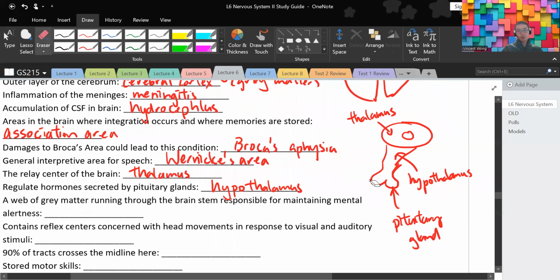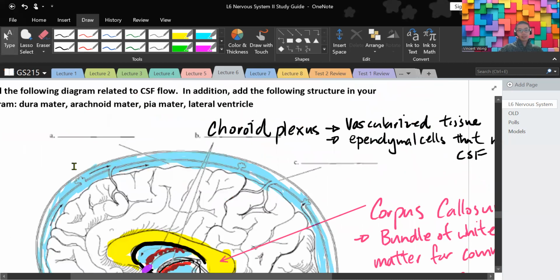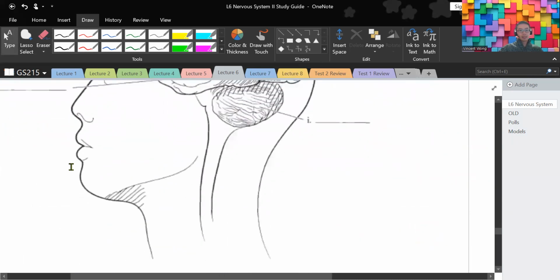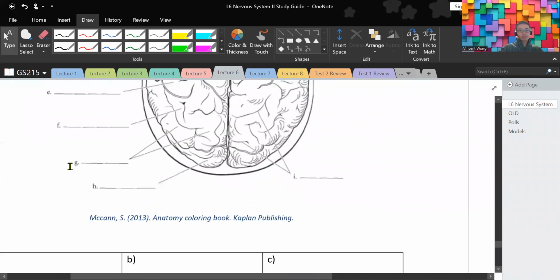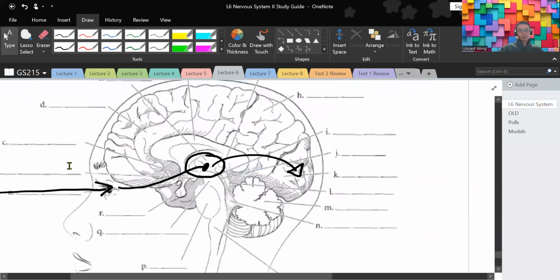There's the anterior pituitary gland and posterior pituitary gland. Just want to show you that on a diagram. I'm just going to erase all these things.